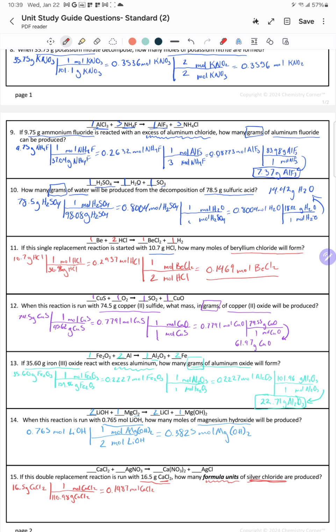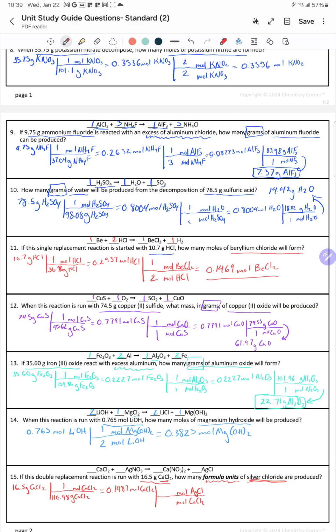All right, now I have to convert it into moles of silver chloride. So moles of silver chloride from moles of calcium chloride, which means I have to have a mole to mole ratio, so I need to balance my chemical equation.